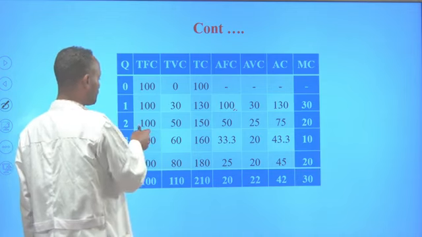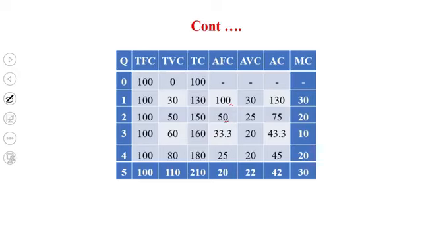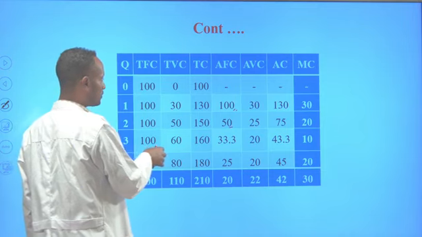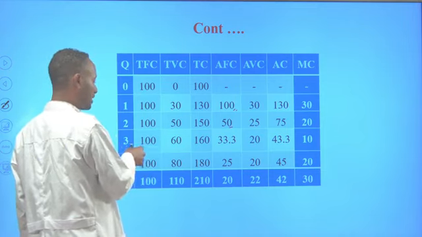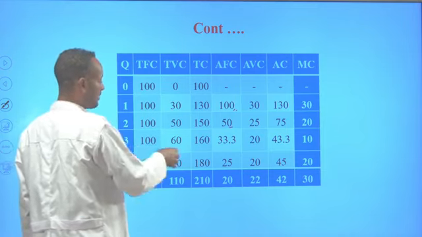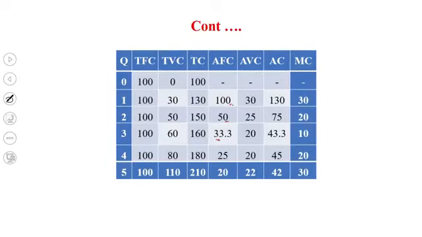If the TFC of 2 units of a commodity is 100, 100 divided by 2 is 50. And the total fixed cost of producing 3 units is 100, then the average fixed cost of production will be TFC divided by Q, which is 100 divided by 3, it is 33.3. And the AFC of the fourth unit is 25 and the AFC of the fifth is 20.